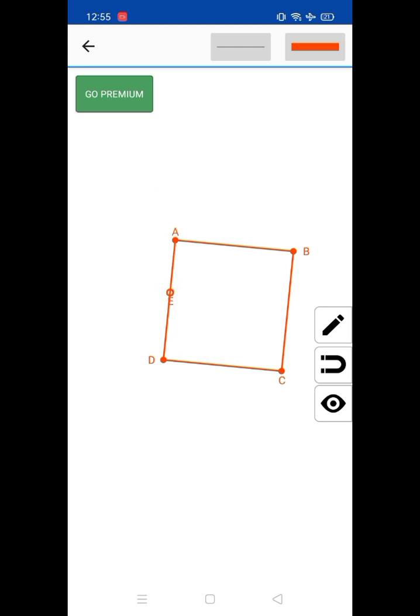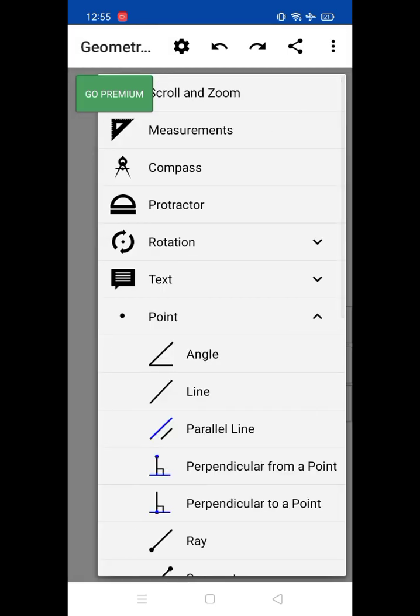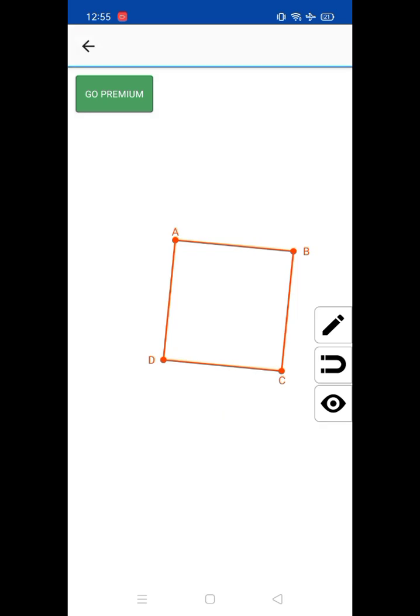But we can see that line BC is longer than line AB and line DC.